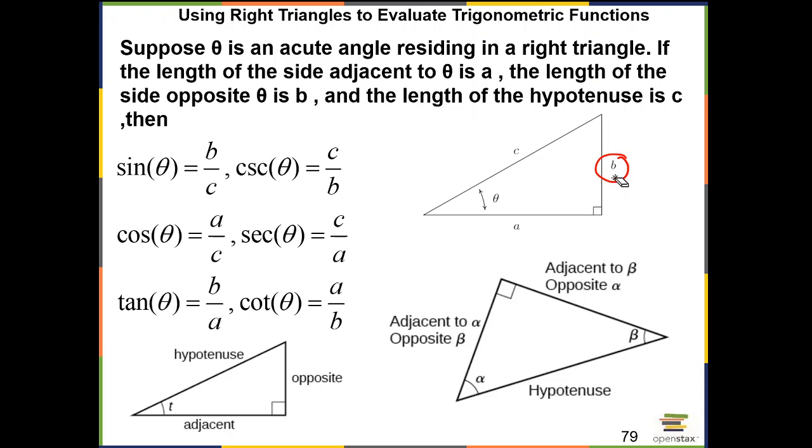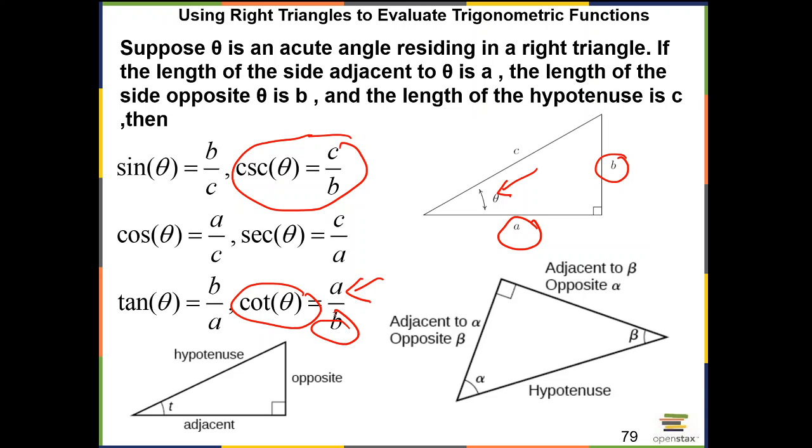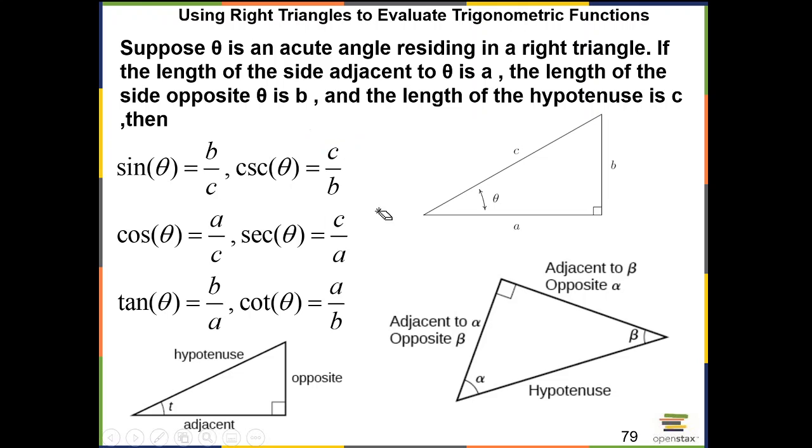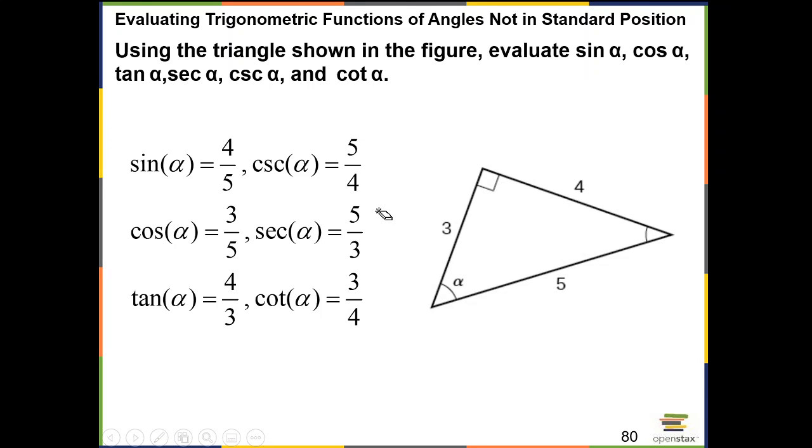If I know this side and the tangent of this angle, then I can find this side, right? So you see, in these setups, there are 3 unknowns. If I know 2 of these, I can find the other one. And that's how we're going to use these in this section, right?